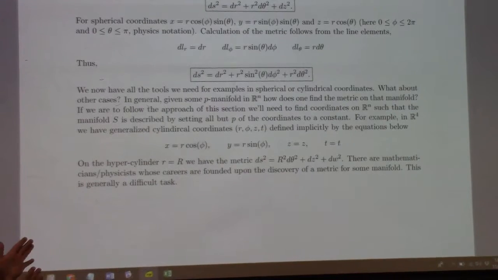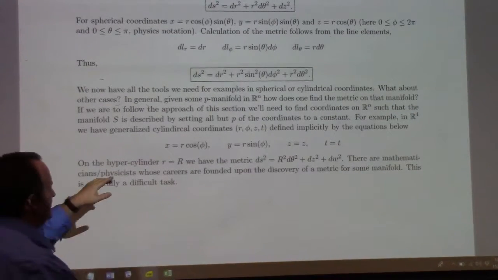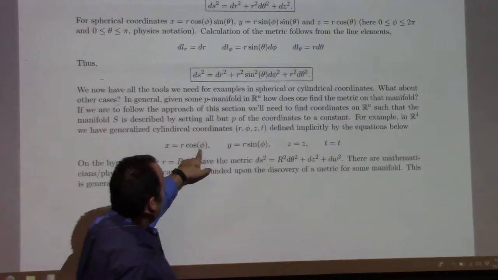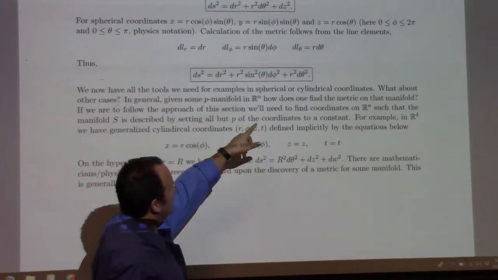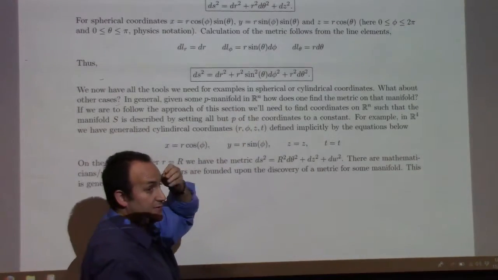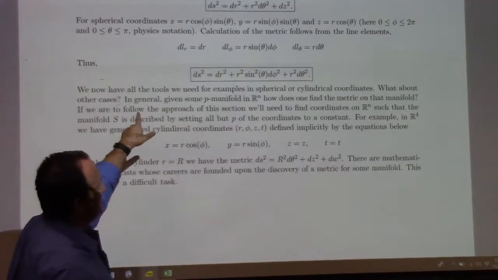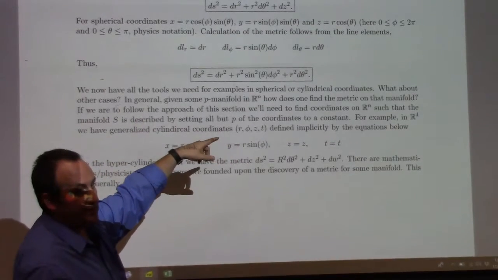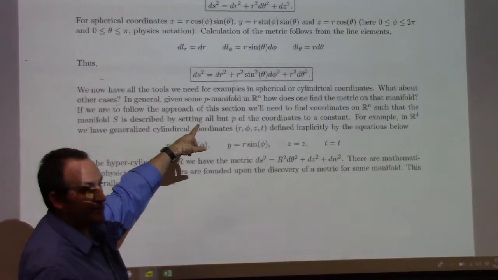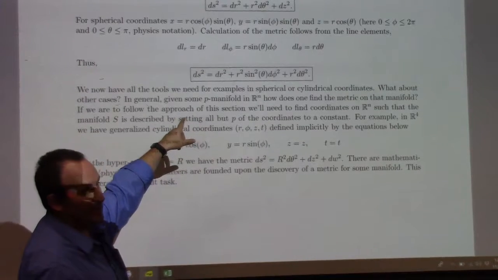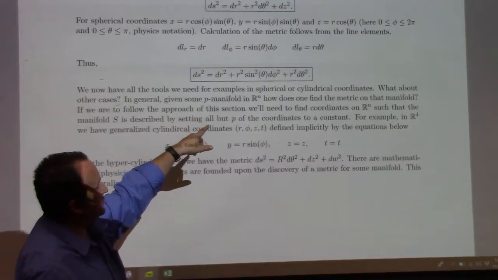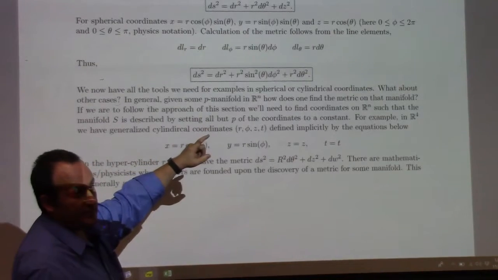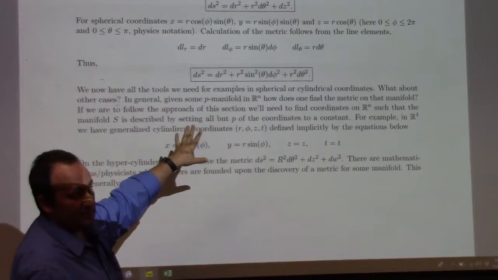Let's see here. So, okay, this is a giveaway right here. I'm using phi for a polar angle, for like polar coordinates here. So that would mean that the phi and theta are switched from their usual meaning. If you divide that by dt squared, that shows you the formula for velocity squared in spherical coordinates. It's r dot squared plus r squared sine squared theta, phi dot squared plus r squared theta dot squared in the physics theta phi.